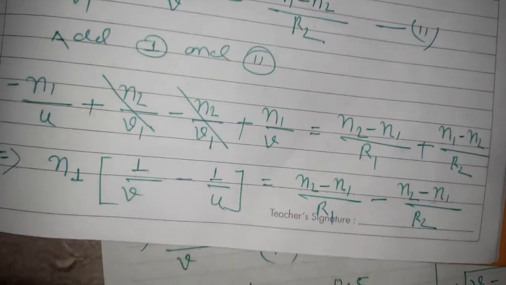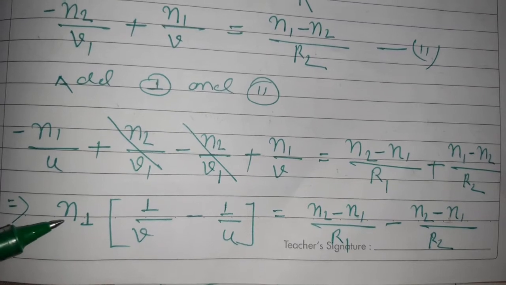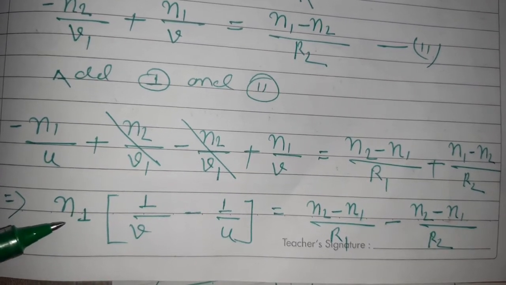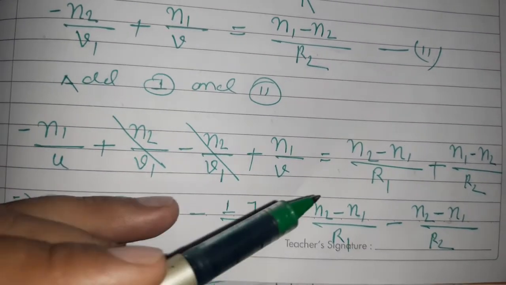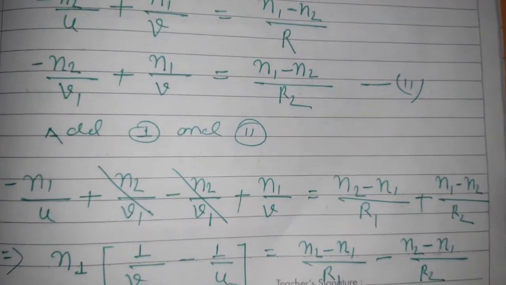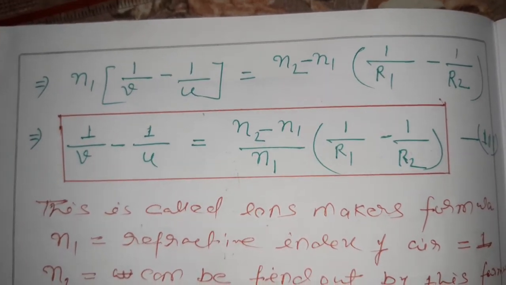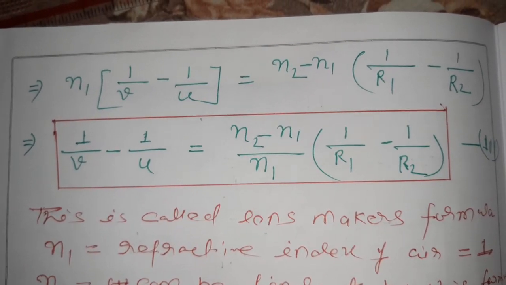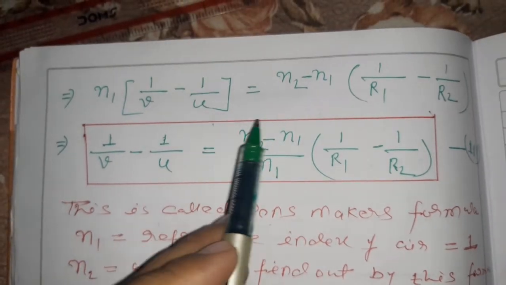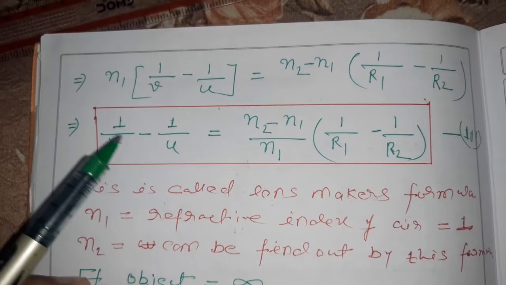By taking n1 as common, n1 into 1 upon v minus 1 upon u equals n2 minus n1 upon r1 minus n2 minus n1 upon r2. By shuffling this equation we can write n1 into 1 upon v minus 1 upon u equals n2 minus n1 into 1 upon r1 minus 1 upon r2.